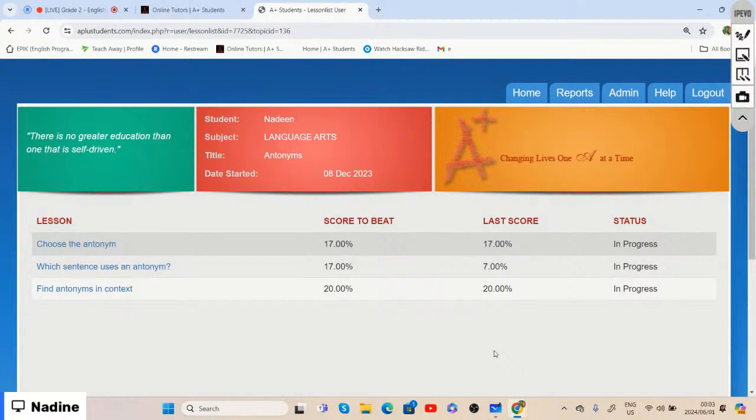Once you've logged on with our username as well as our password, we're going to select the subject of English language arts, grade 2.